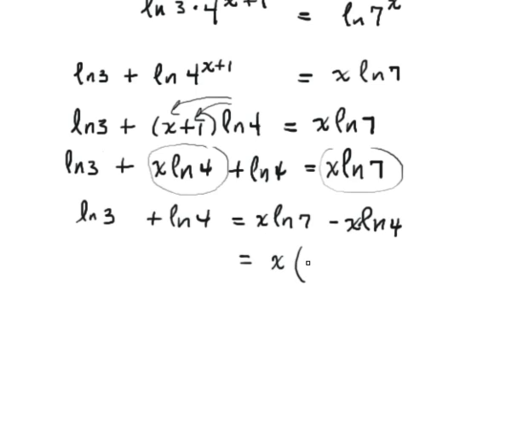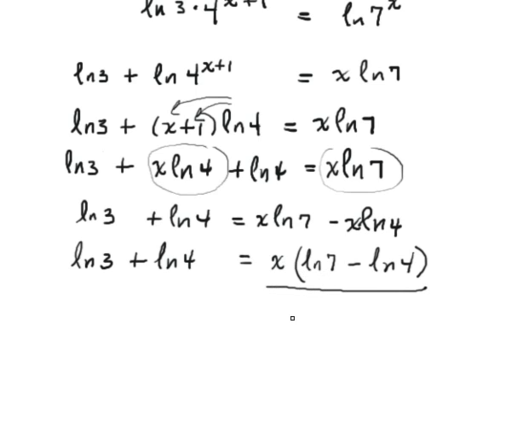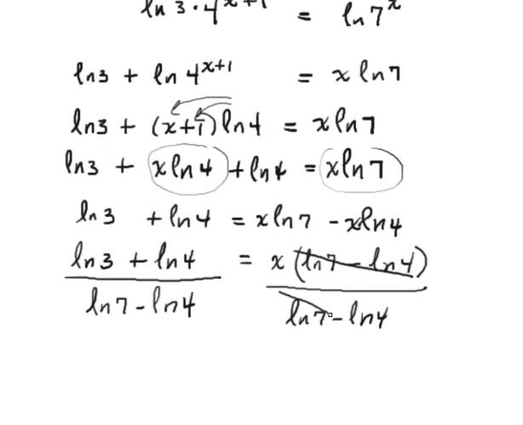So this is x times ln 7 minus ln 4. That's always the next to last step in this type of problem. And the last step is dividing by whatever's multiplying x. So we're going to divide both sides by ln 7 minus ln 4. And here's the solution.